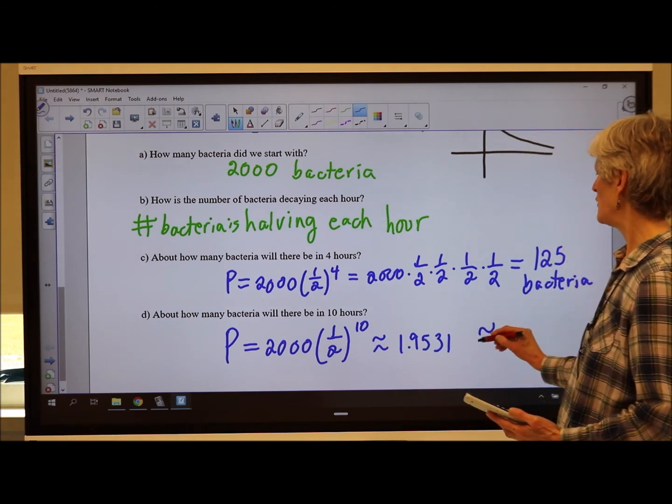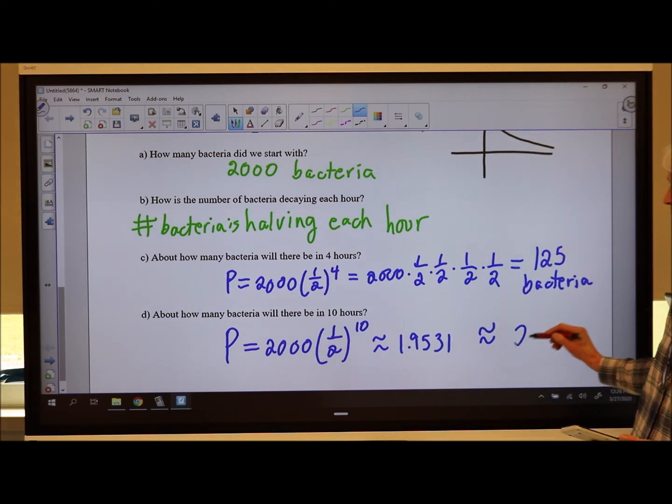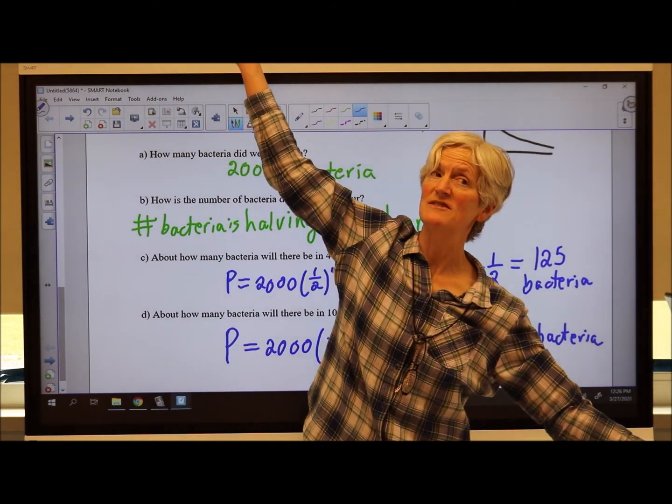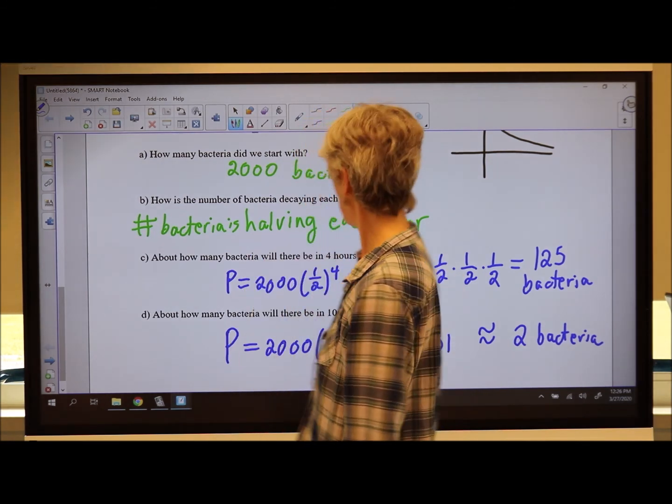Well, what's that about? How many bacteria? Yeah, maybe about 2 bacteria. Okay? All right. So, that was an example of exponential growth, and the one we just did, exponential decay.